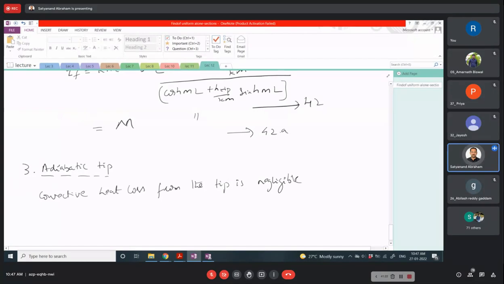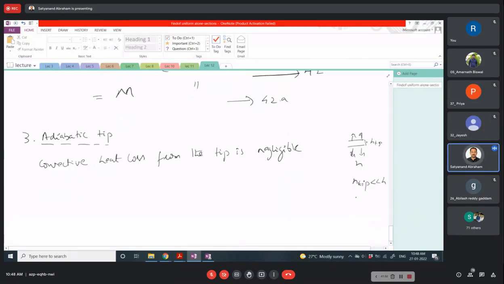That means if over here the convective heat transfer coefficients are very high, at the tip the heat transfer coefficient is very less. For example, h_tip is much less than h. So we can consider it adiabatic because heat transfer from there is negligible compared to the rest.